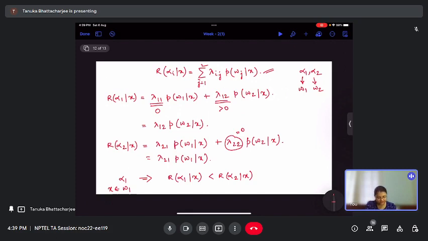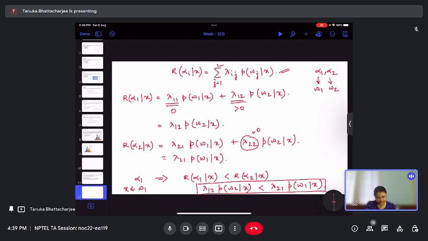If we put the expressions, that means lambda 1 2 into probability of omega 2 given x should be less than lambda 2 1 into probability of omega 1 given x. If this condition is satisfied, then we will classify the pattern x to belong to omega 1.